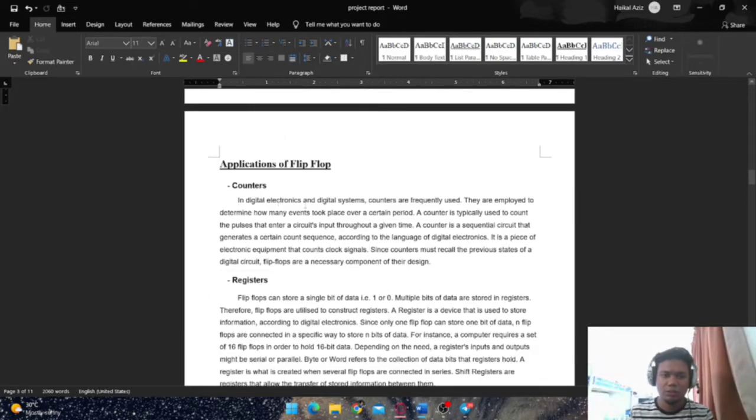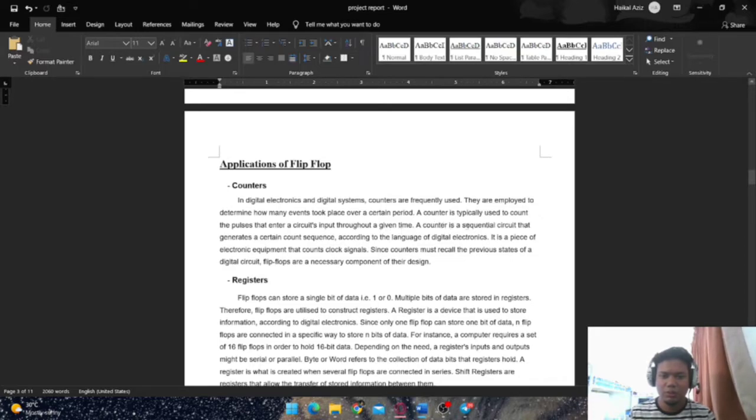In digital electronics and digital systems, counters are sequentially used. They are employed to determine how many events took place over a certain period. A counter is typically used to count the pulses that enter a circuit's input throughout a given time.